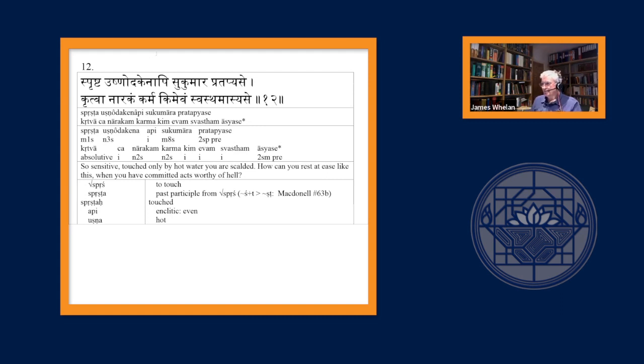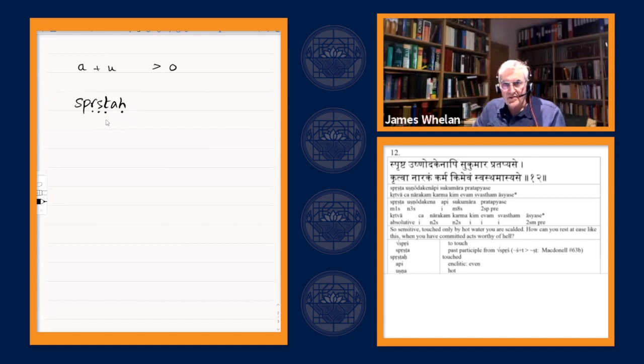Right, okay. In the absence of volunteers, I will tell you. Because originally, it's not sprishta, it's sprishtah. Left to its own devices, the word would have been sprishtah, because it's the masculine nominative singular talking to you.